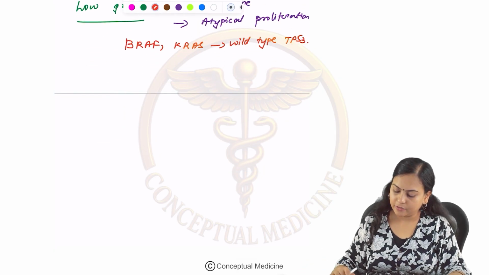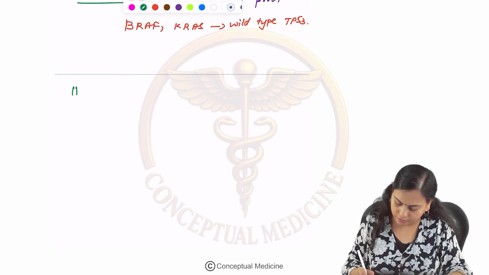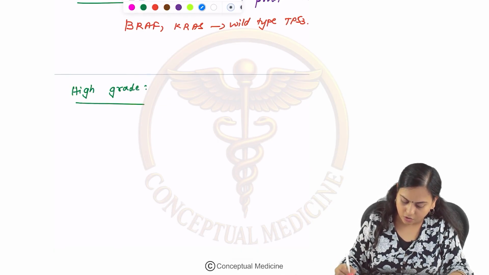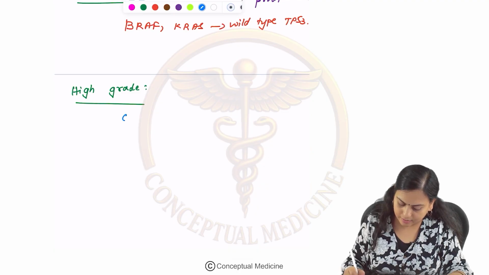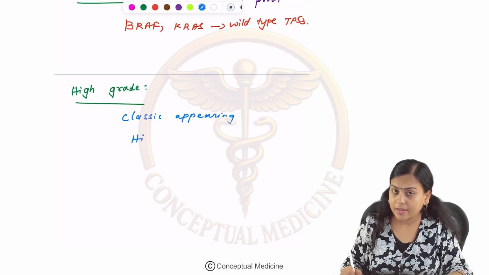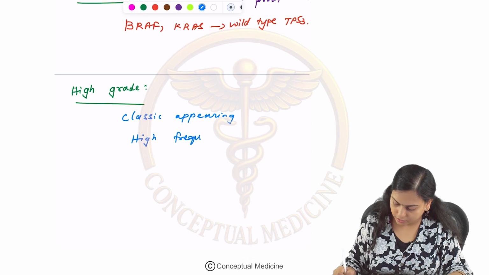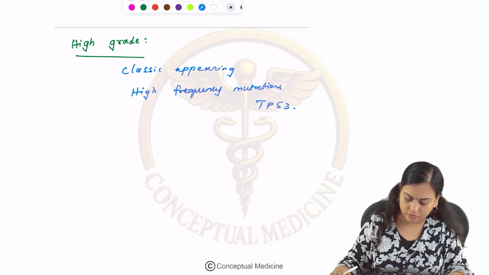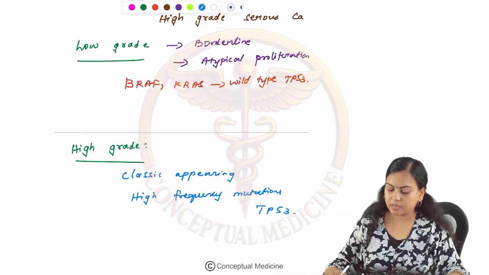And if you take the high grade type of epithelial cancer, these tumors are classic appearing and they contain high frequency mutations of TP53. So that is all about serous carcinoma grading.